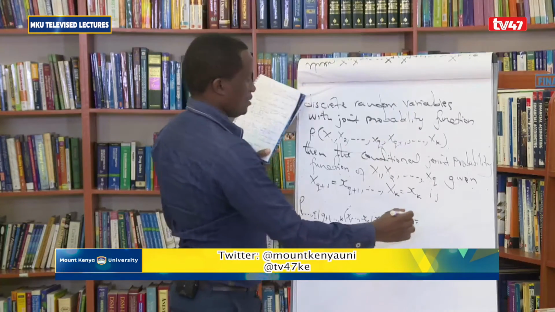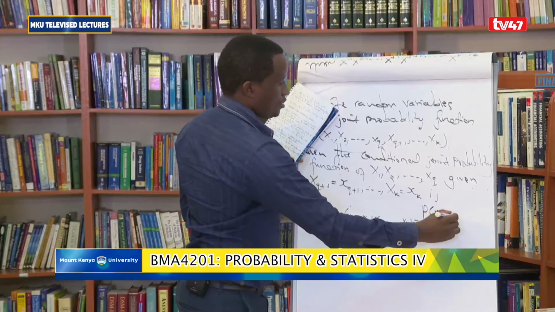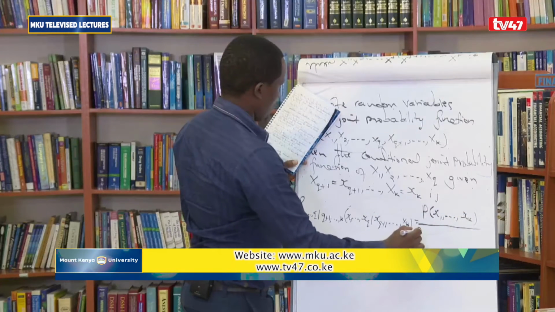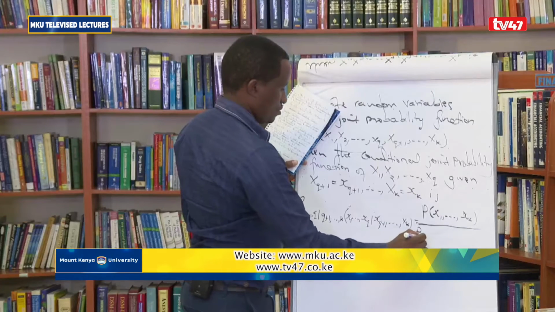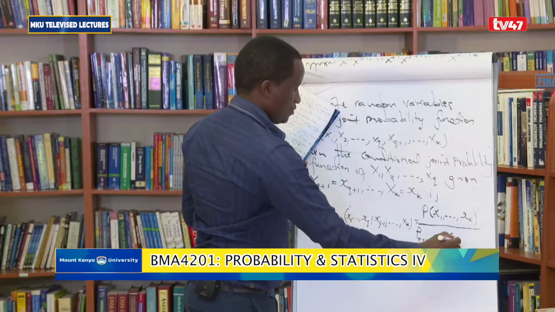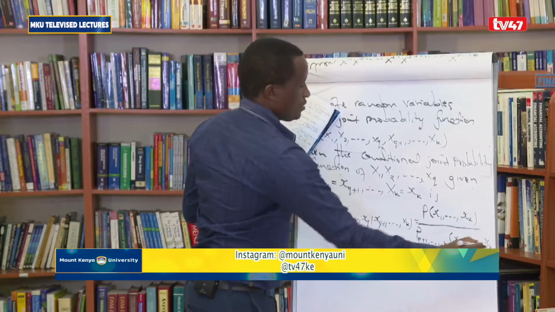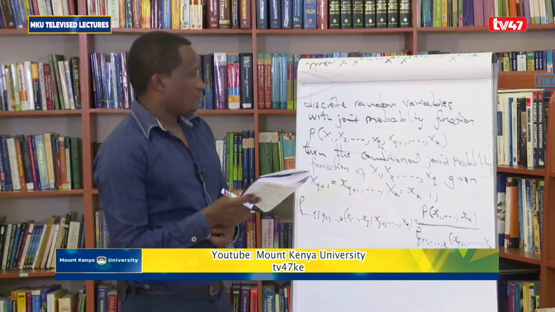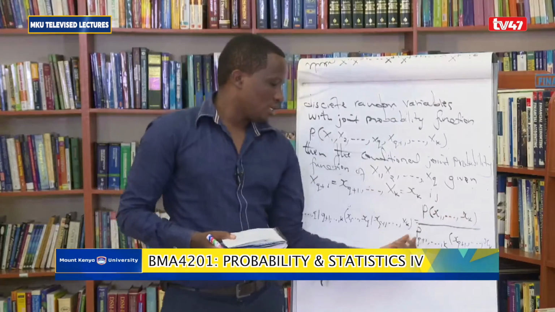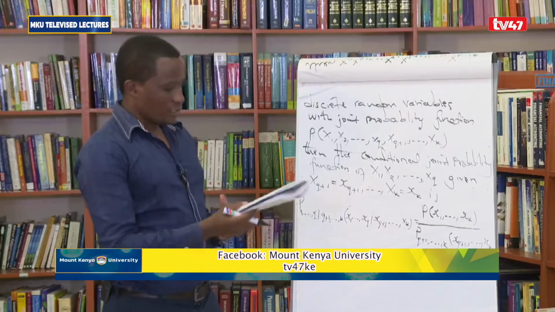It is the same as the distribution of x1 all the way to xk divided by the distribution of the remaining part, q plus 1 all the way to xk. So if you want the conditional joint probability function, then you will get the distribution of the whole divided by the distribution of the partition other than the one we are looking for.